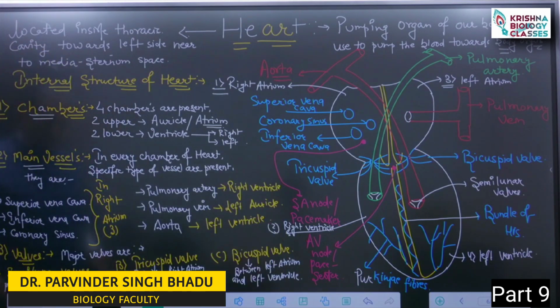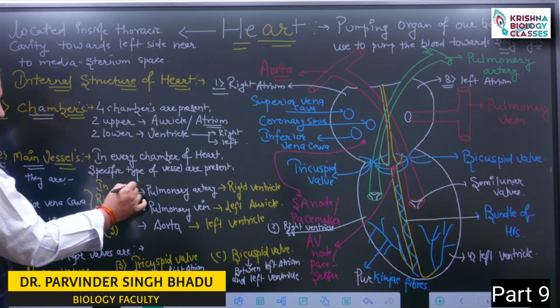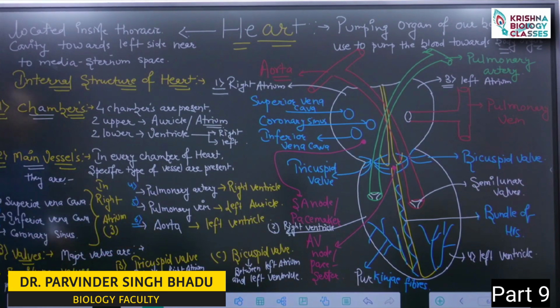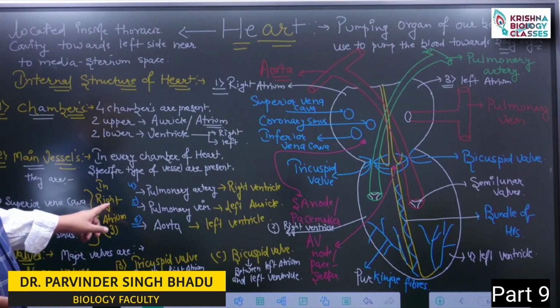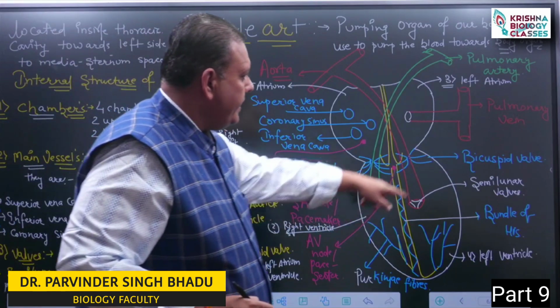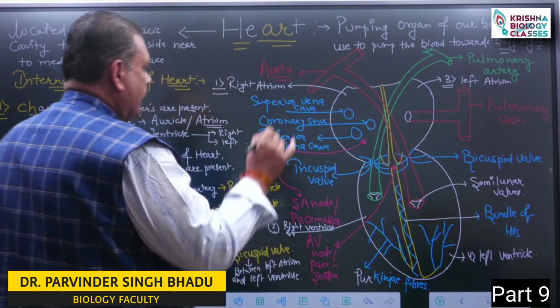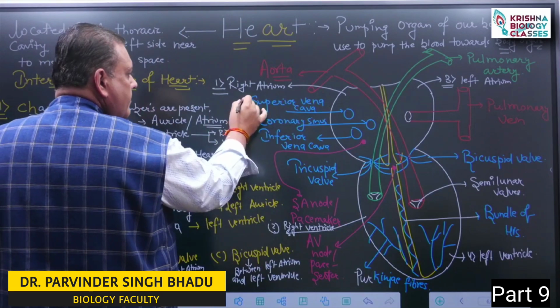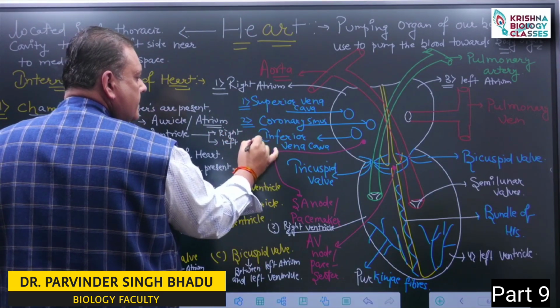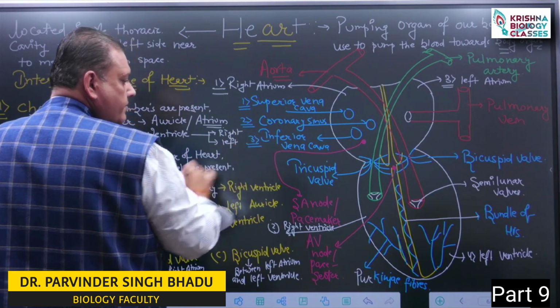Now, if you see, a total of 6 vessels are present, and 3 are present in our right atrium, in one chamber only, and the remaining 3 are 1 in each chamber. In our right atrium, the superior vena cava, coronary sinus and inferior vena cava are present.